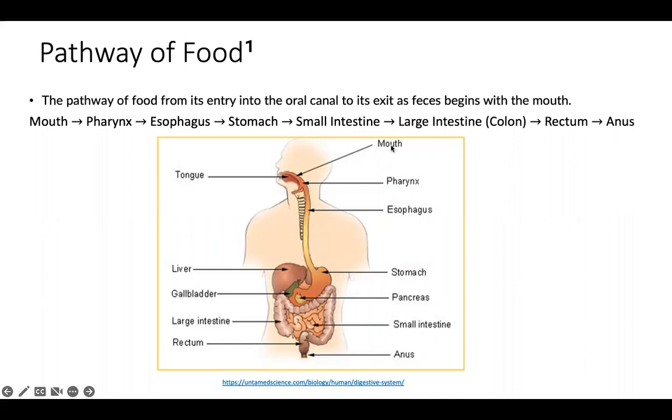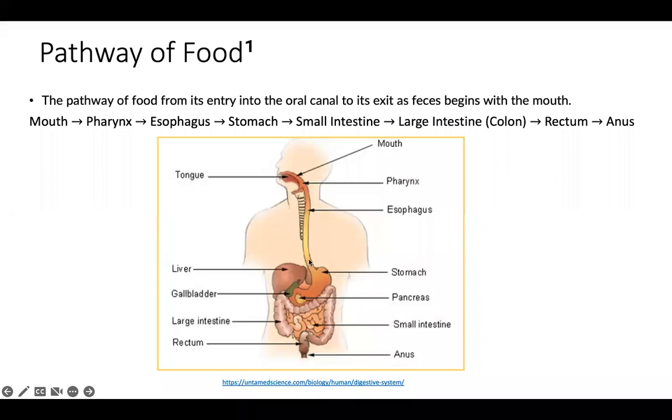As you can see, it's labeled mouth, then tongue, then pharynx. Then the food moves down the pharynx into the esophagus, where the food then meets the sphincter. So as you can see in the picture, it goes from the pharynx and moves into the esophagus, and the sphincter is the area right above the stomach.